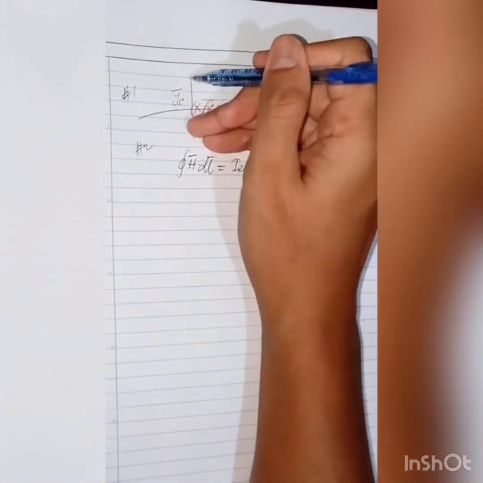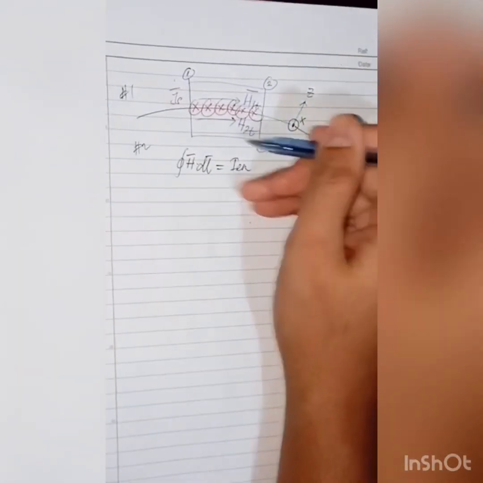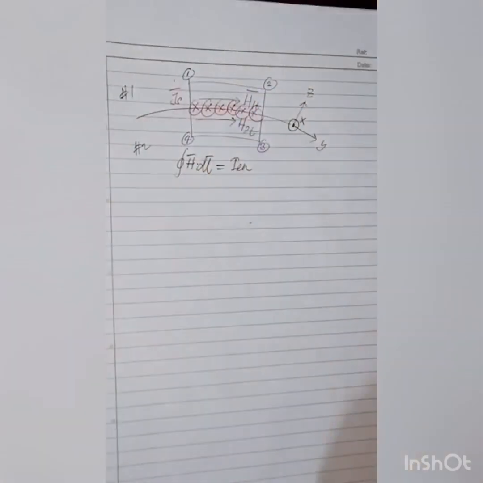So let's define our edges. Up here is your first edge, here is your second edge, down here is your third edge, and lastly your fourth edge.